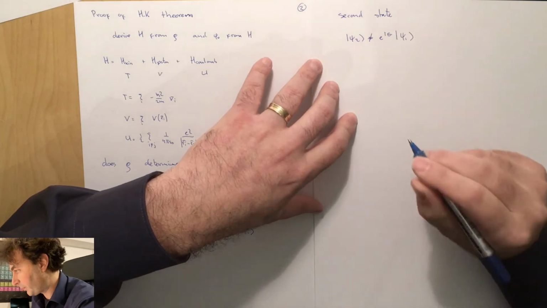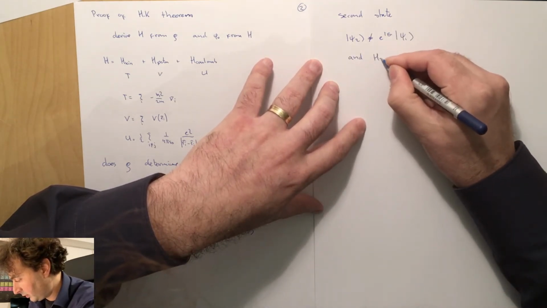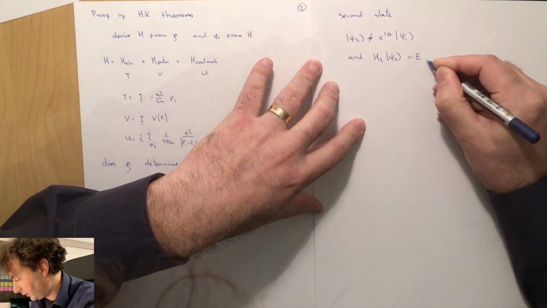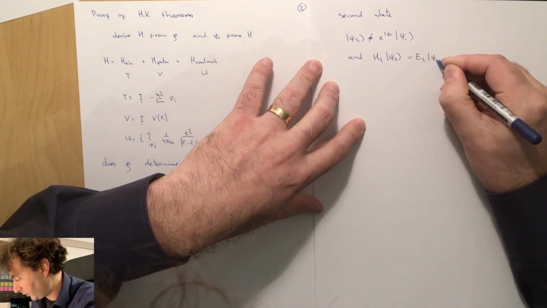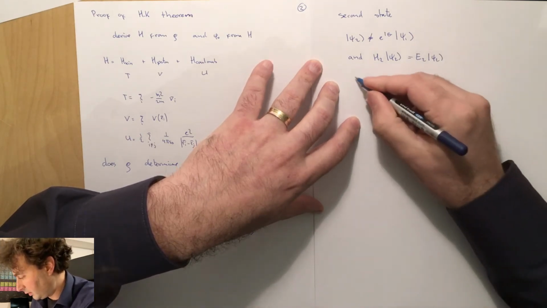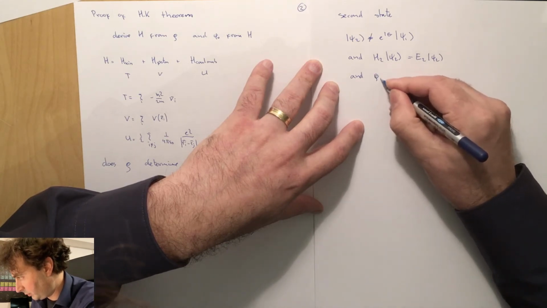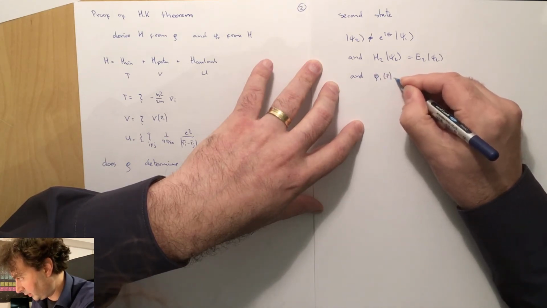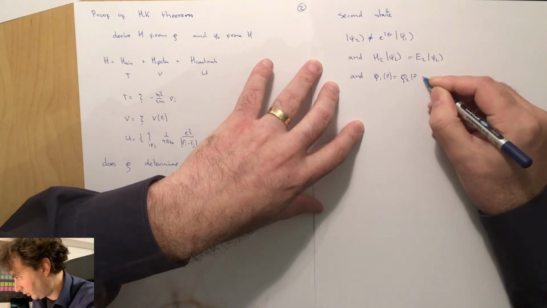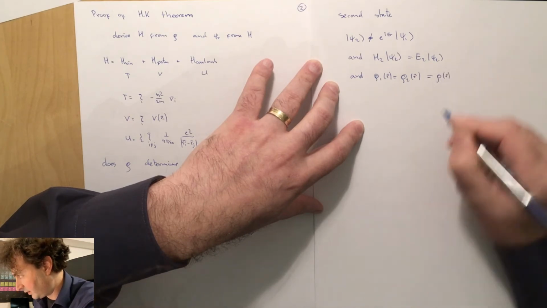And I'm going to assume that H2 psi2 is E2 psi2, and we're going to assume that rho 1 of r is equal to rho 2 of r, which we can then also call just the density.